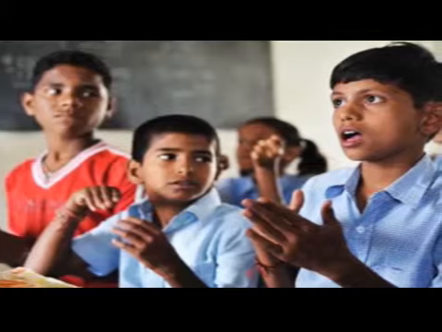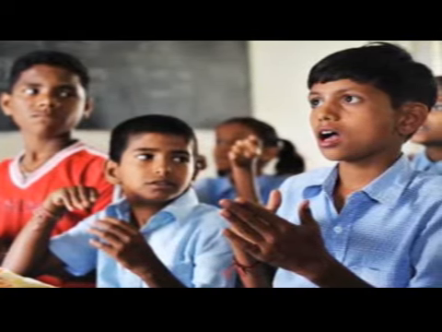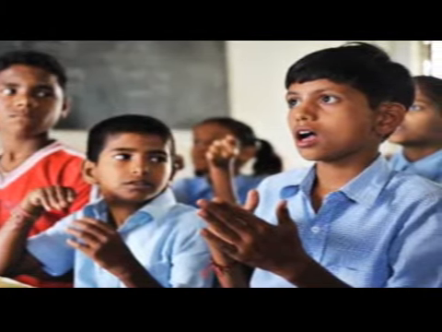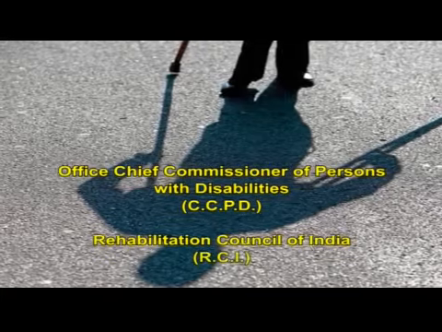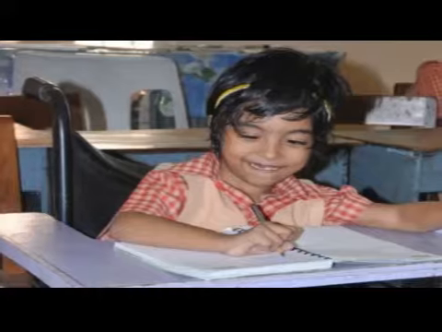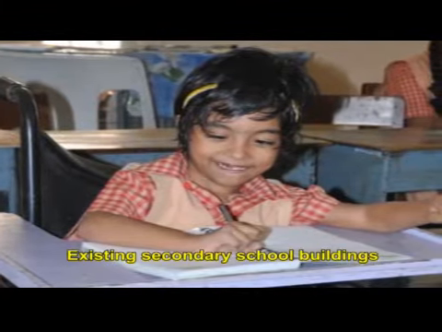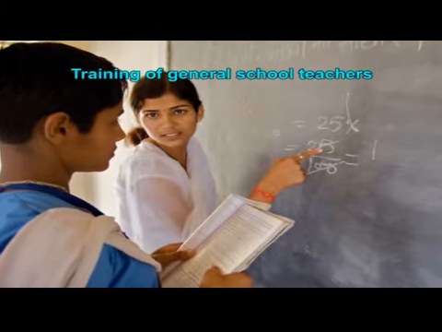A detailed manual laying out norms and guidelines for accessibility required by different types of disability will be developed at the central level with the help of the Office of the Chief Commissioner of Persons with Disabilities, that is CCPD, and the Rehabilitation Council of India, that is RCI. The scheme will support development of the accessible physical environment in existing secondary school buildings. Training of general school teachers.